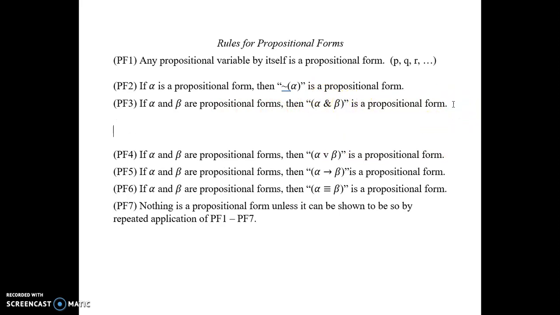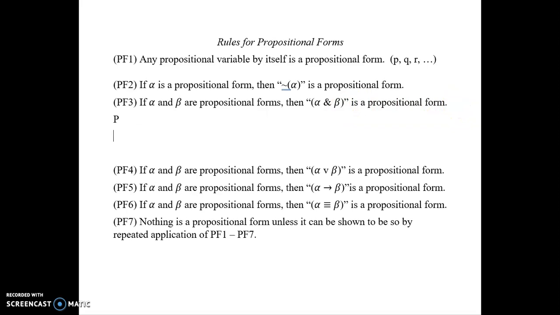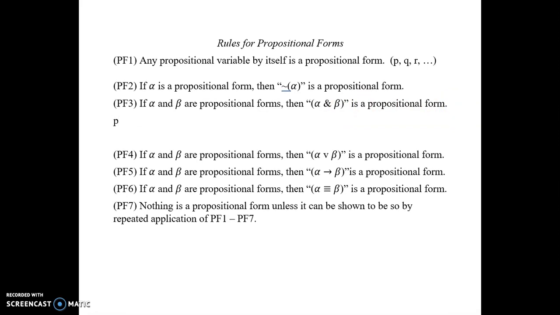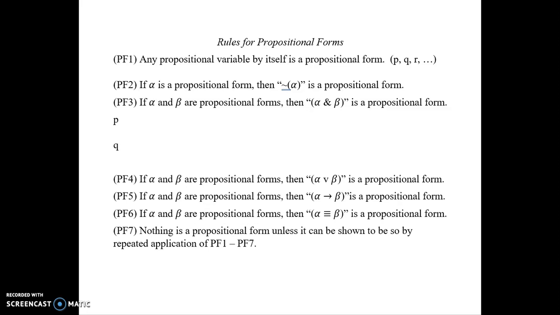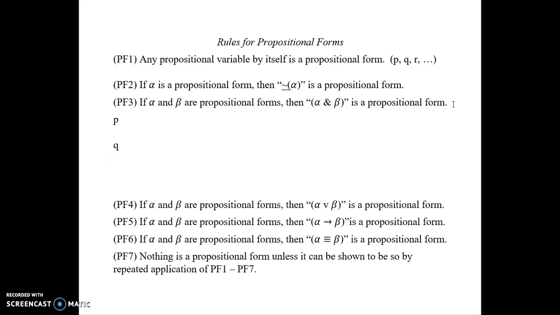So for example, if you've got this as a form by PF1, and this is a form by PF1, then by PF3 you can write down P and Q, and that's going to be a propositional form too. Again, we're just defining it this way. These are what they are. And again, if you use the parentheses as this requires, you will always have a correctly formed form, but sometimes for readability, we just omit them.